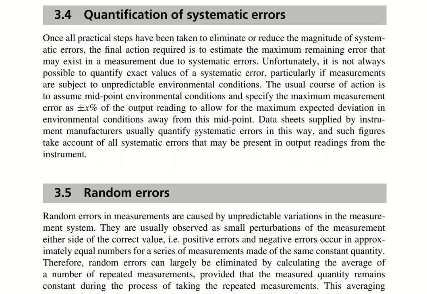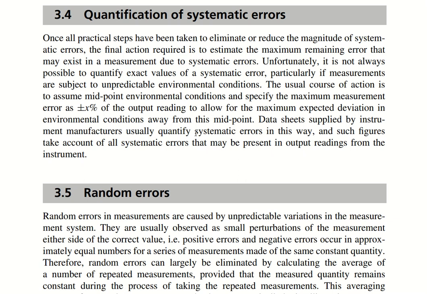Now let's quickly discuss the quantification of systematic errors, because it is a very important task. Once all practical steps have been taken to eliminate or reduce the magnitude of systematic errors, the final action requires estimating the maximum remaining error that may exist in the measurement due to the systematic error. But unfortunately, it is not always possible to quantify the exact value of the systematic error, particularly if measurements are subjected to unpredictable environmental conditions.